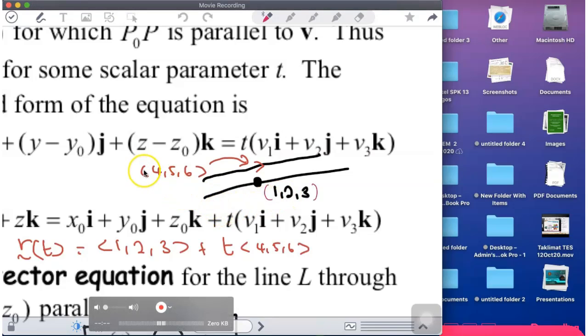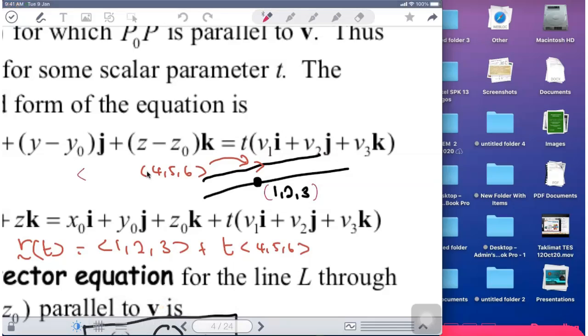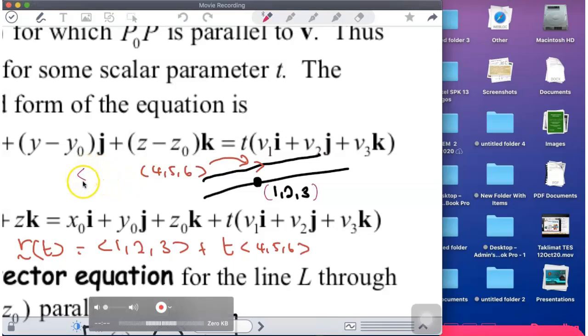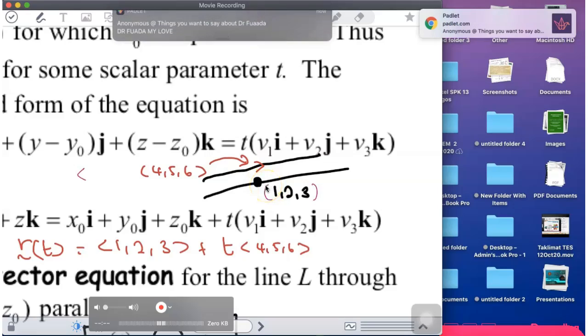But this one is not a square bracket, it is this kind of bracket. If you have this bracket, it tells you that you have a vector. So the vector parallel to the line of the vector function that we are looking for is <4, 5, 6>.